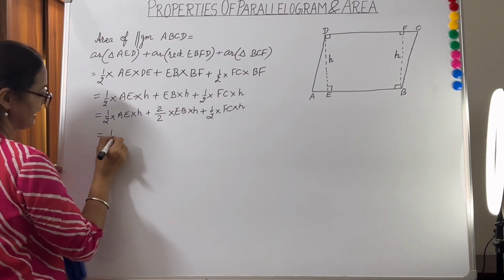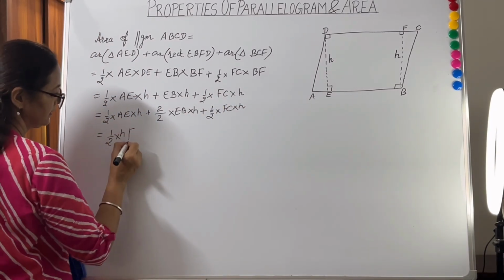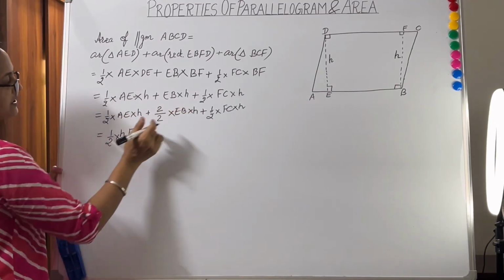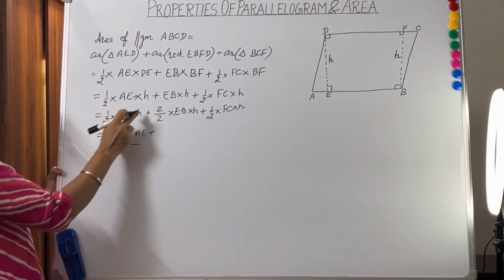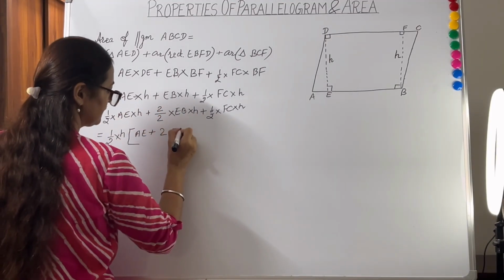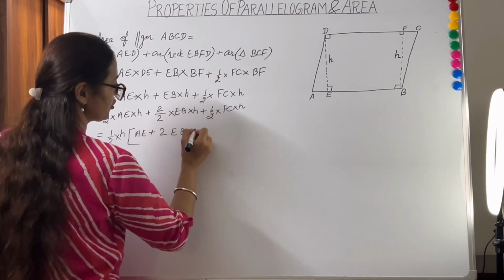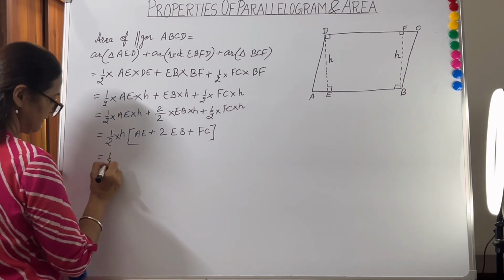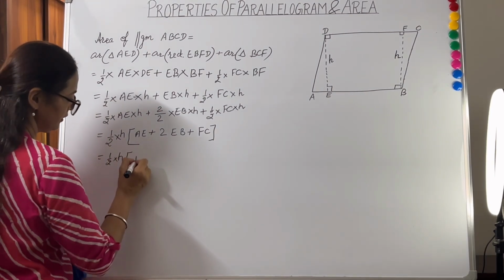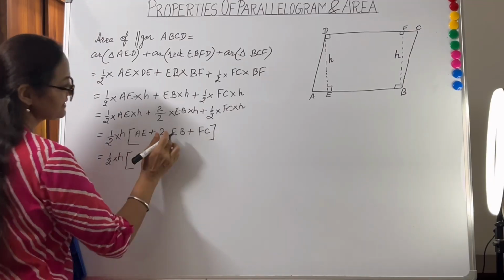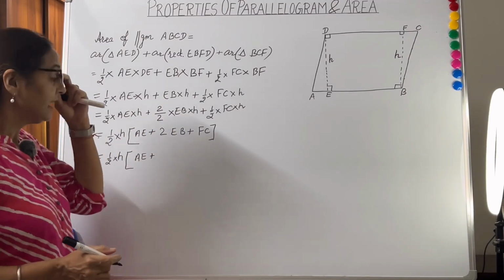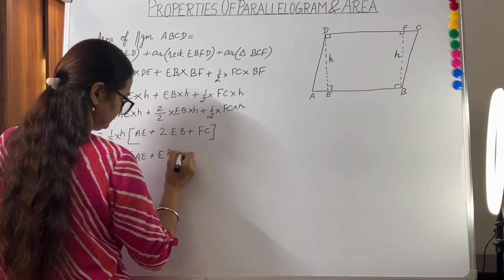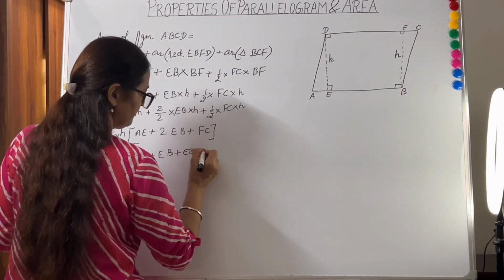Now we will take out half into h common and here what is left? AE. Here what is left? Because 1/2 is common, we are left with 2EB, plus half h common and we are left with FC. Okay. So half h into AE plus here 2EB is there, so I am writing it as EB plus EB, EB plus EB plus FC.